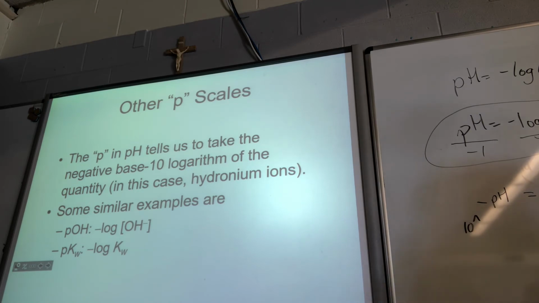When we get to the Henderson-Hasselbalch, there's a lot that we can apply this to. For now, we use one version of the P scale. Not all P scales are going to range from 0 to 14. This one just happens to be that way because of the autoionization of water.